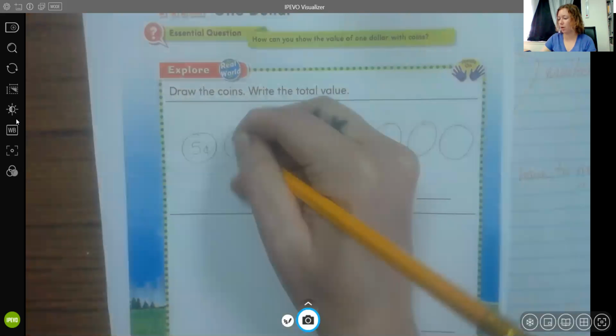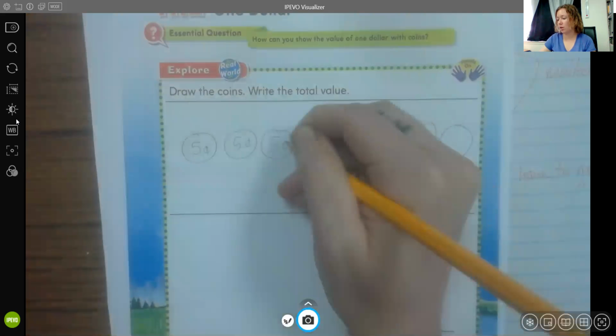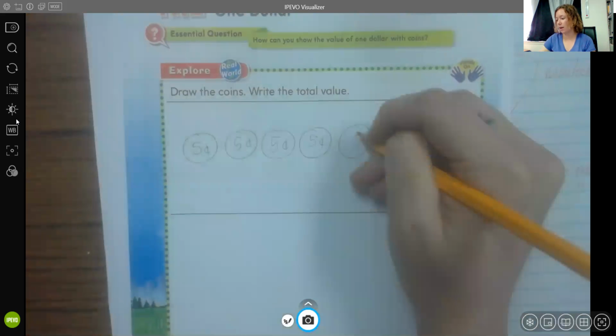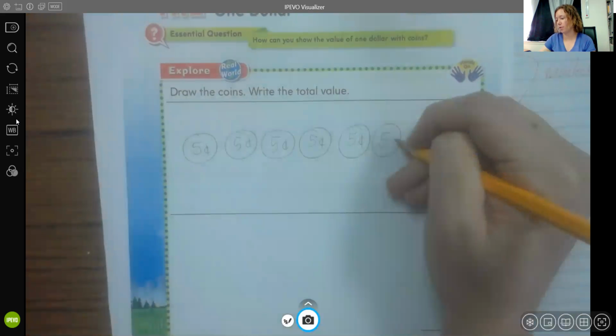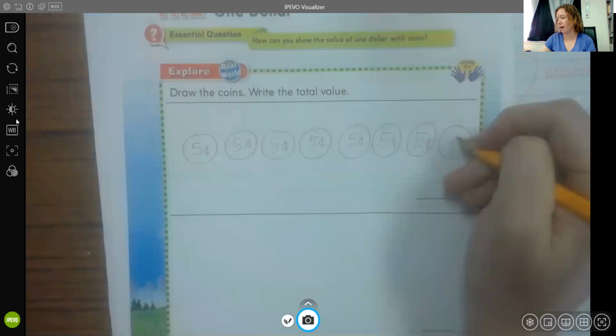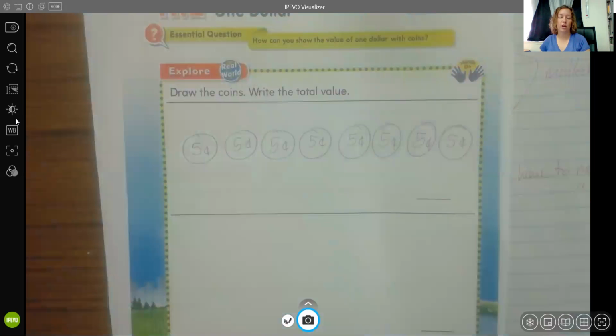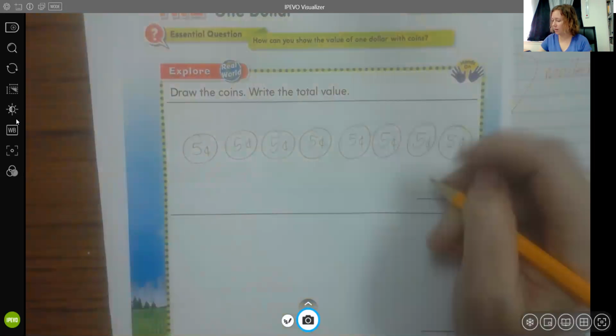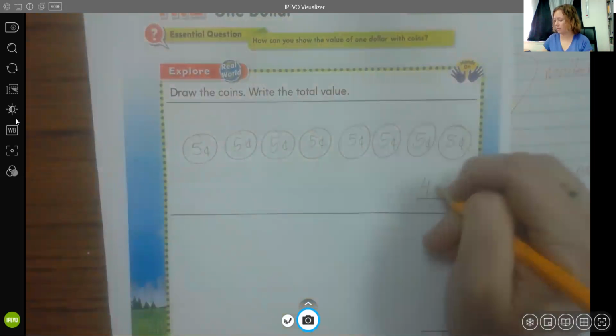You remember that when you're counting on, you're actually adding 5 each time. So you're going to be counting by 5s. When you count your 8 nickels, you're going to go 5, 10, 15, 20, 25, 30, 35, 40. So that is 40 cents.